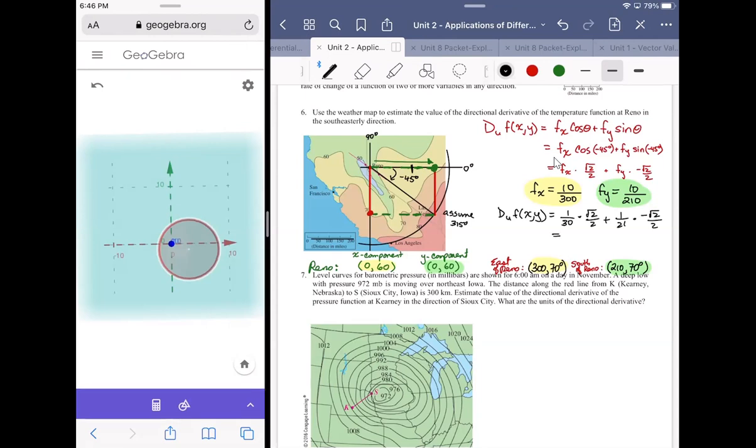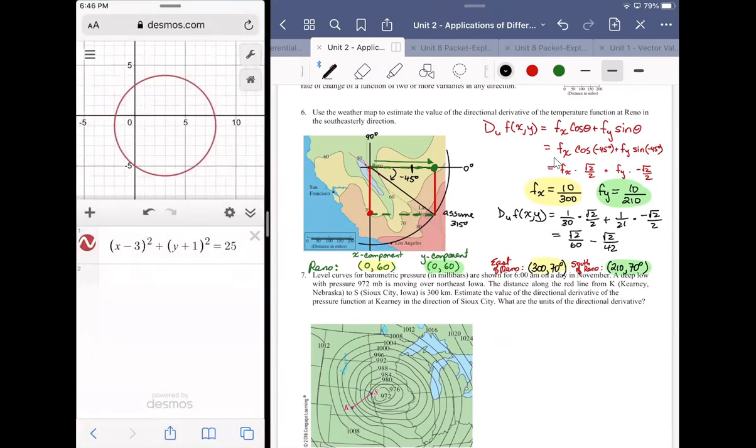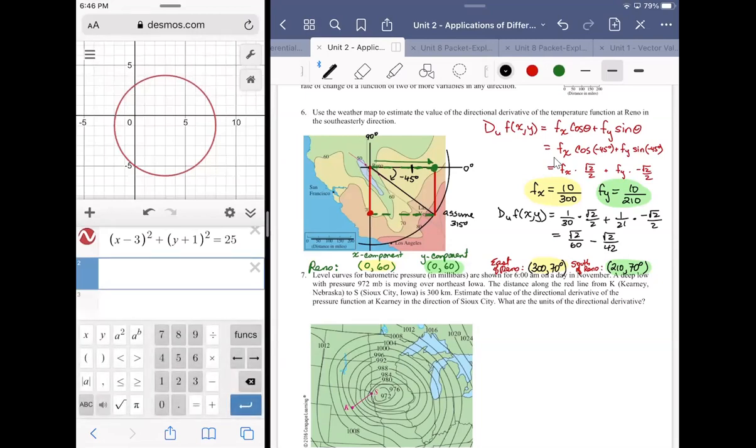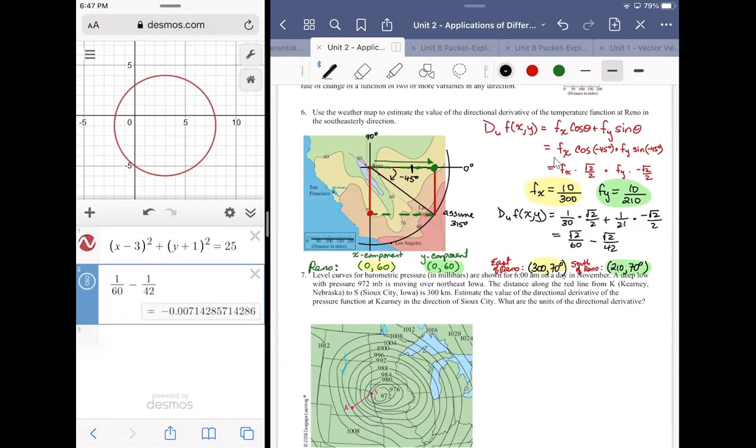So then radical 2 over 60 minus radical 2 over 42. And, for the sake of just having something that seems kind of clean, I'll simplify a little further. I'll just do 1/60th minus 1/42. I'll frac that up, slap a radical 2 on it, and we're looking at negative radical 2 over 140.